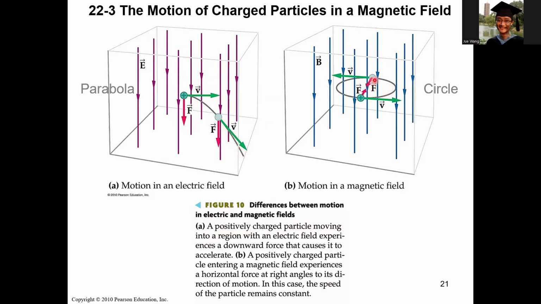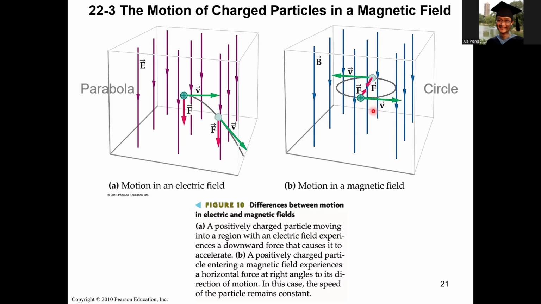While if a charge is moving inside a magnetic field, and the velocity is perpendicular to the field vector B, we use our right-hand rule. We point our fingers towards the velocity, curl towards the magnetic field, and we get the direction of the force.